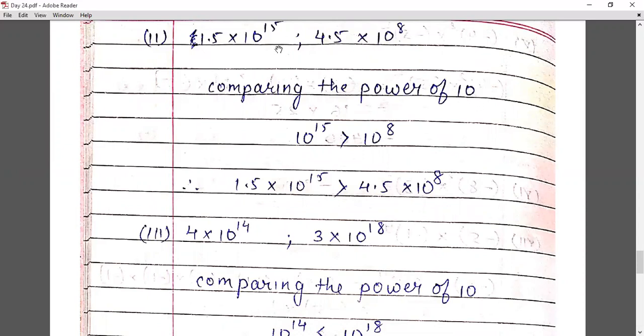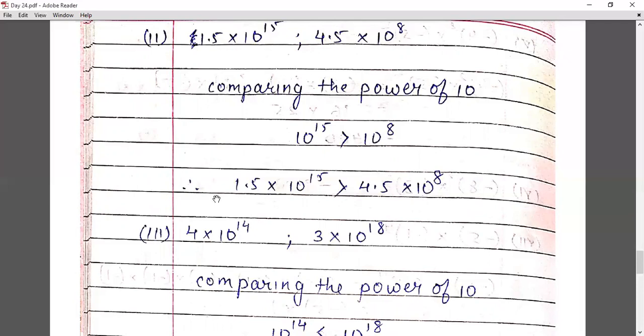Compare the powers of 10. 10 raised to 15 and 10 raised to 8. 15 is greater, hence 10 raised to 15 will be greater than 10 raised to 8. Therefore 1.5 into 10 to the power 15 is greater than 4.5 into 10 to the power 8.